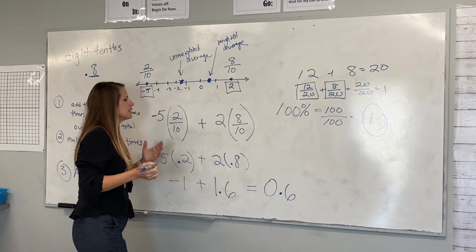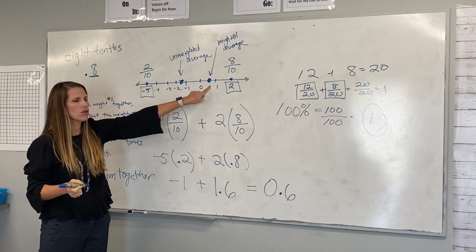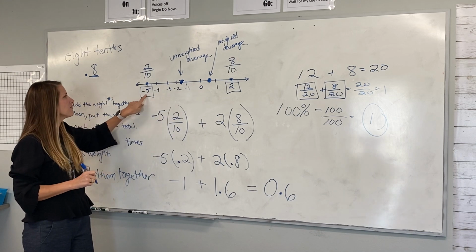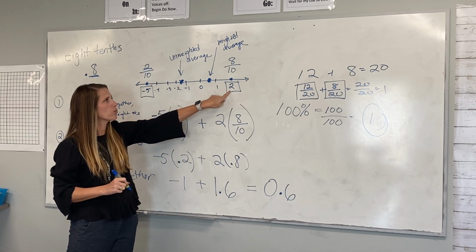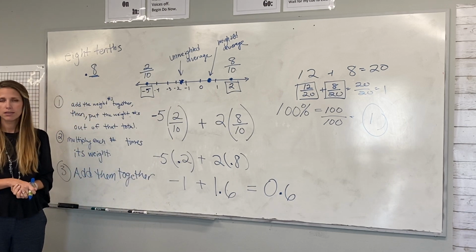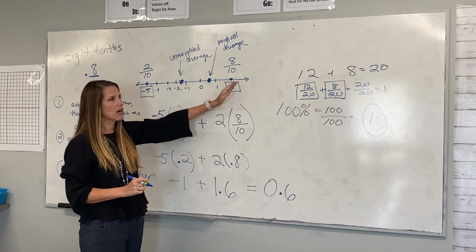Does it make logical sense? Does it make sense for the weighted average to be all the way over here? Considering that -5 had a weight of 2 out of 10, and 2 had a weight of 8 out of 10. Which weight was stronger? 8. The 2 with the 8 out of 10 weight.